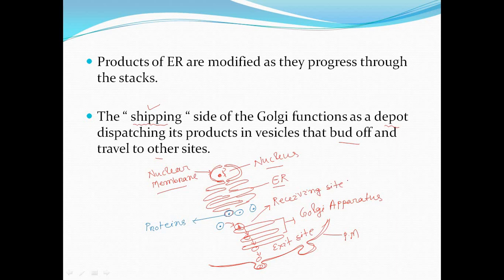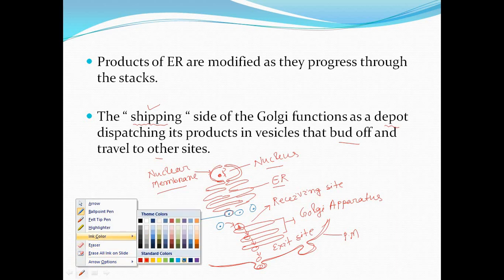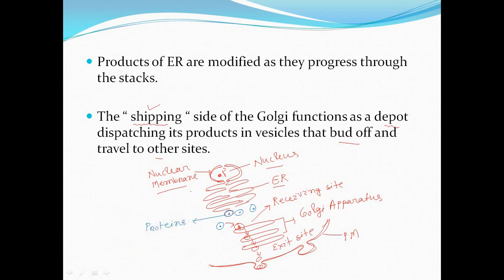Okay, in this way the proteins from the endoplasmic reticulum are processed inside the Golgi apparatus, then they depot or exit from the Golgi apparatus and enter into the plasma membrane. The whole system from this endoplasmic reticulum to the plasma membrane forms the endomembrane system.